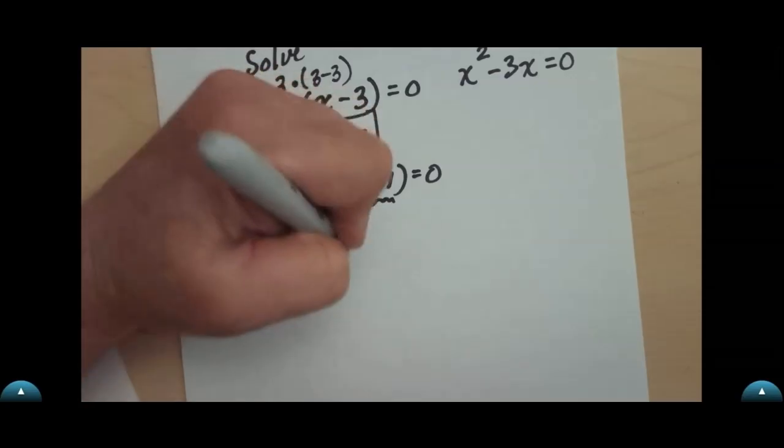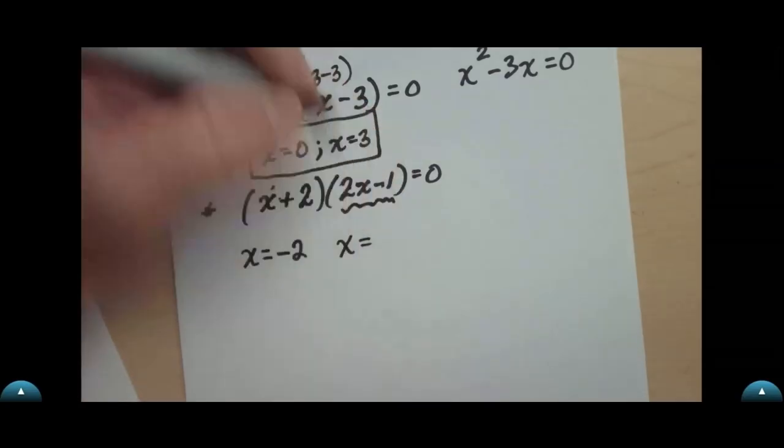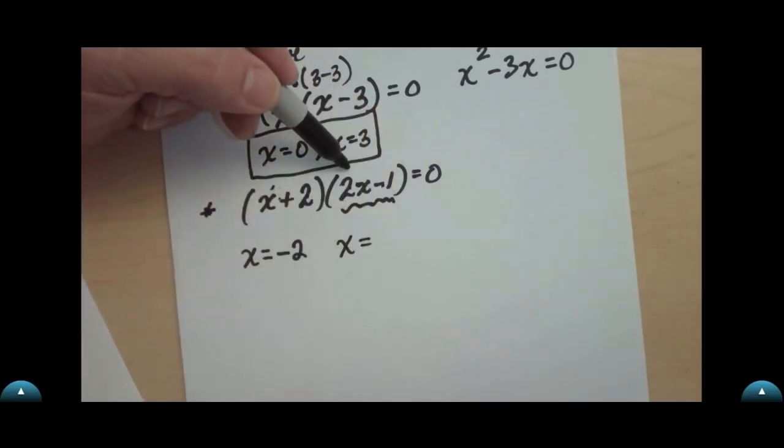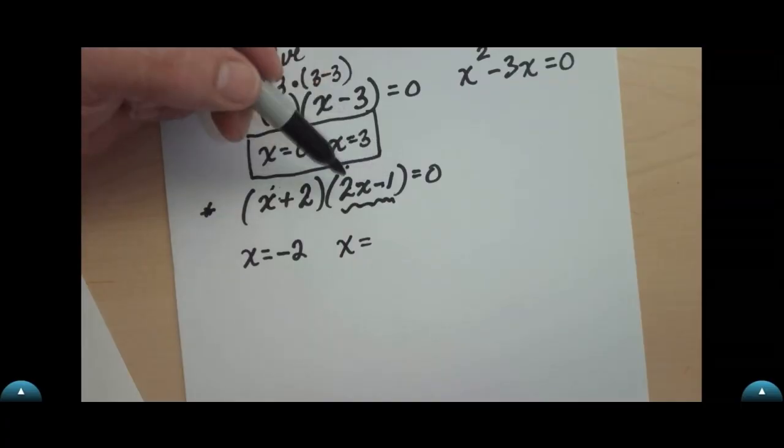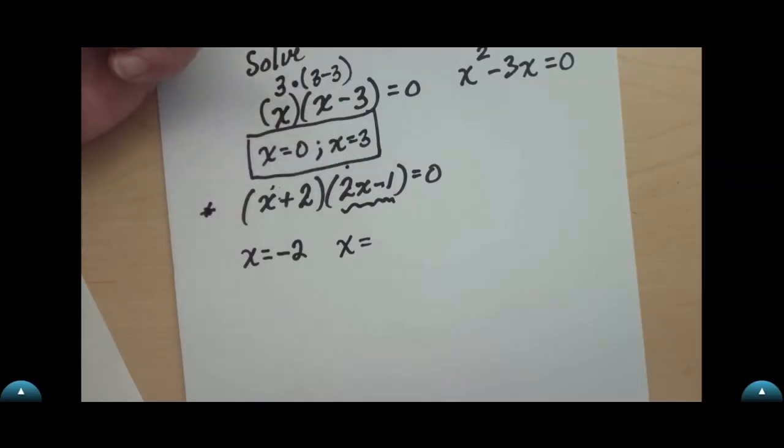Now, here's a question. What would I need to plug in place of x to make this second factor 0? The one that says 2x minus 1. What would I need to replace x with for that to be 0?